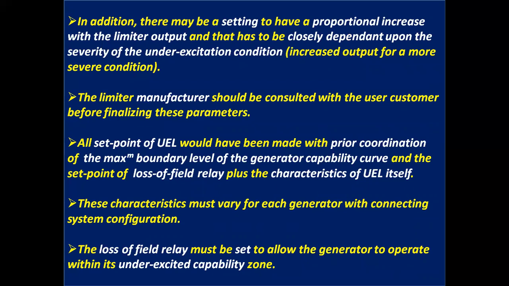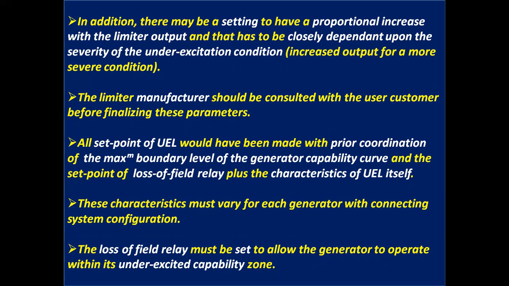In addition, there may be a setting to have a proportional increase with the limiter output, closely dependent upon the severity of the under excitation condition, that is, increased output for a more severe condition. The limiter manufacturer should be consulted with the user customer before finalizing these parameters.